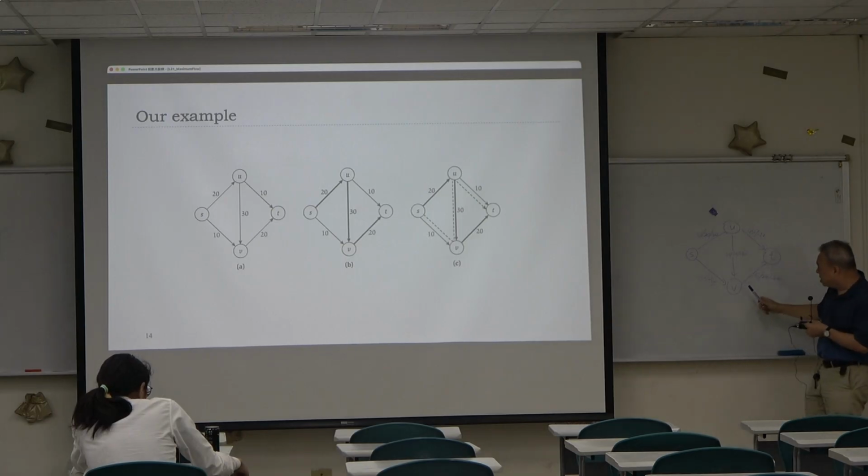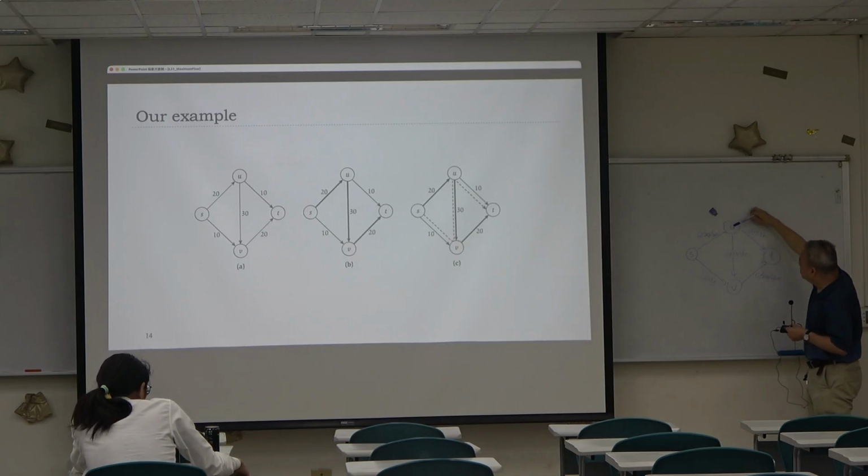And for the intermediate node, remember I said the incoming flow and outgoing flow should balance. You can see for this one, incoming flow is 20, and we have outgoing 10 here.